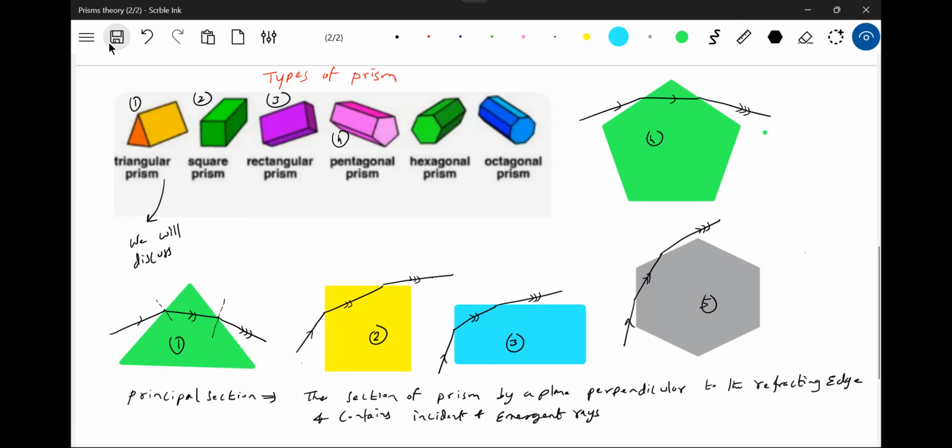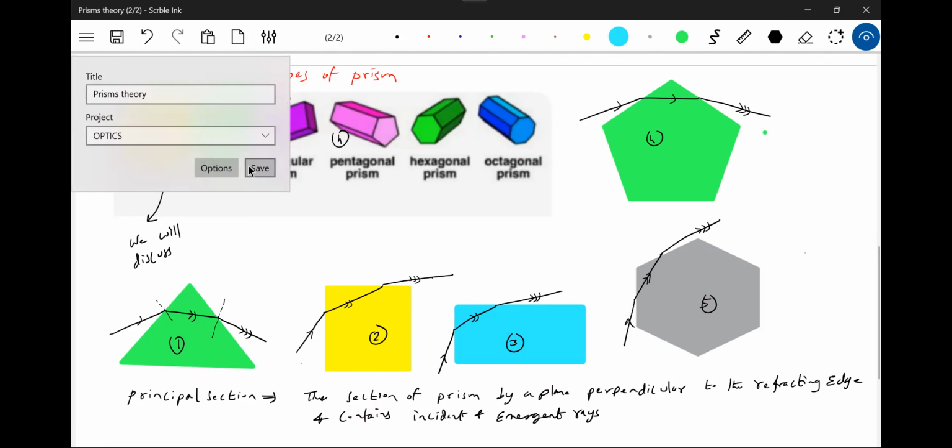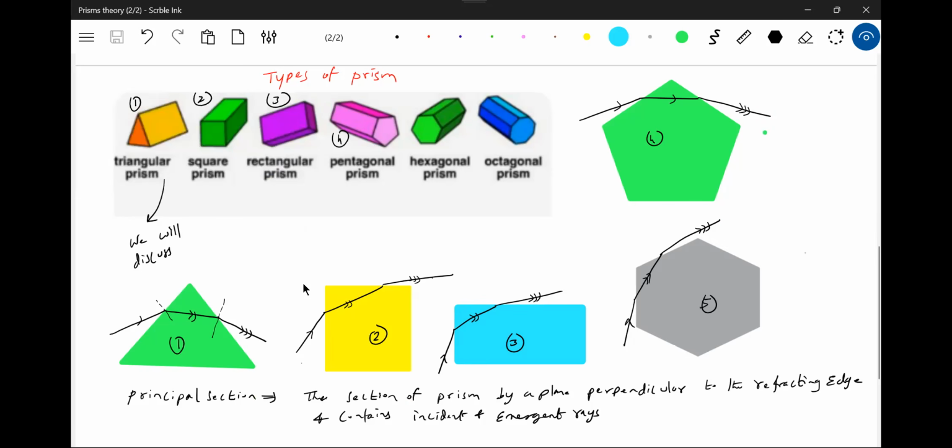These are the typical terms we get and we are using them. Okay, let's go to study the deviation produced by the prism. We'll derive an expression for the deviation produced by a prism.